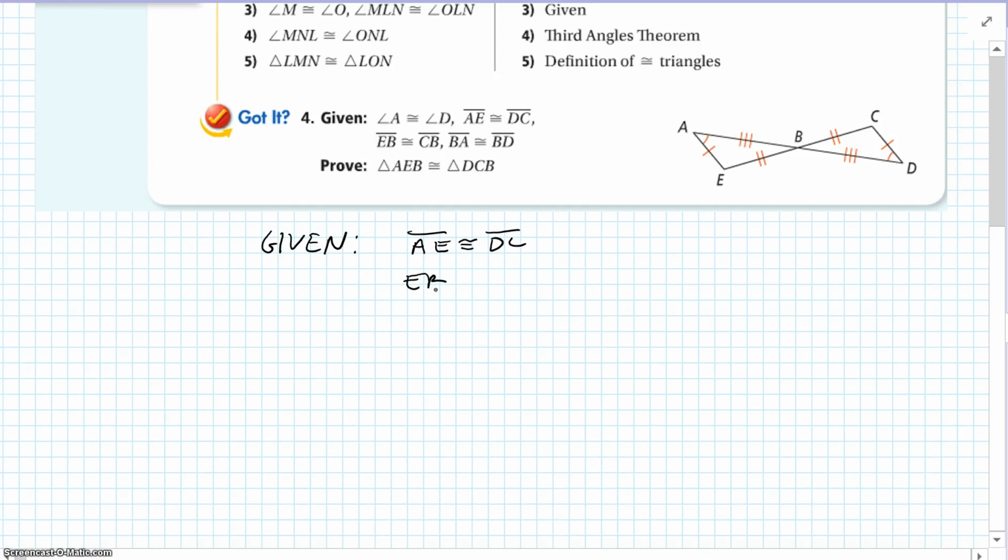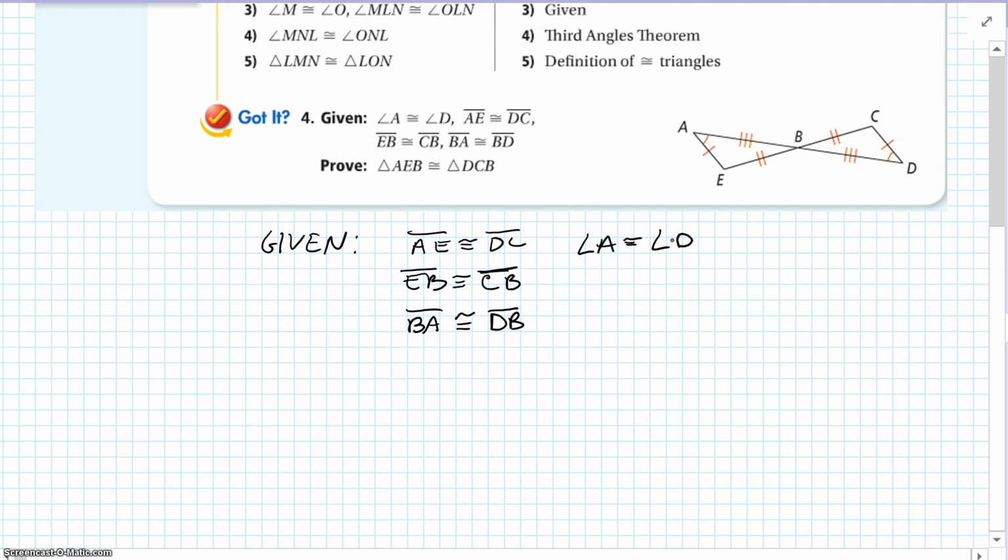EB is congruent to CB. We know BA is congruent to BD. So there's our 3 sides of congruency. So we have angle A is congruent to angle D.